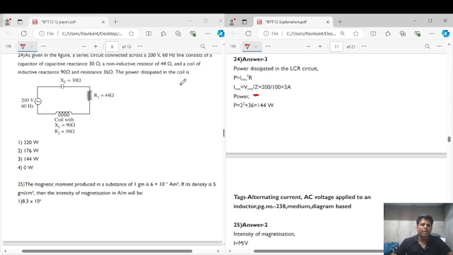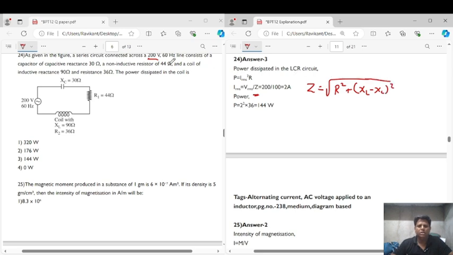Now V RMS is given to us as 200 volts in the question. What about Z? Z equals under root of R square plus (XL minus XC) whole square.